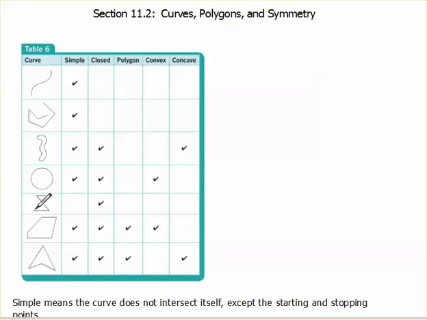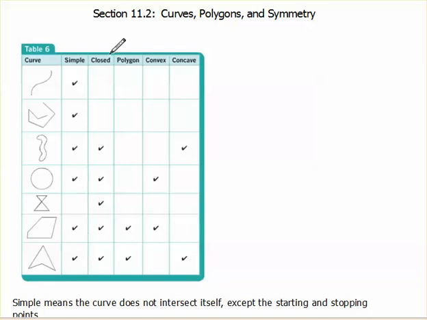If I were to draw it out, I could say, okay, here, here, here. Oops, now I've had to cross back over what I've already drawn. Well, simple means that the curve does not intersect itself except at the starting and stopping points. So that is what makes something simple or not simple. So the rest of these are simple.